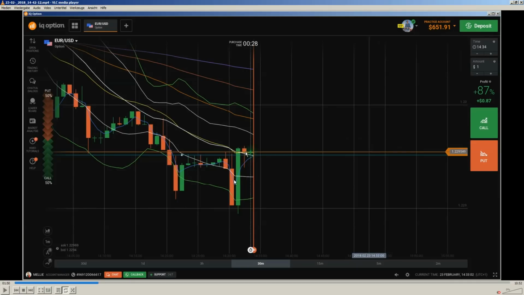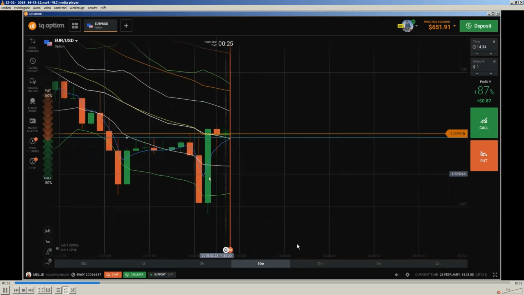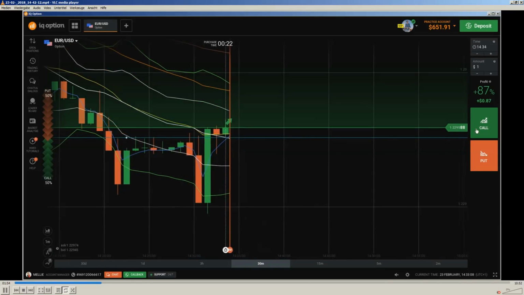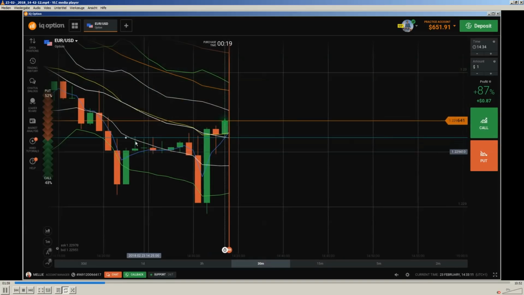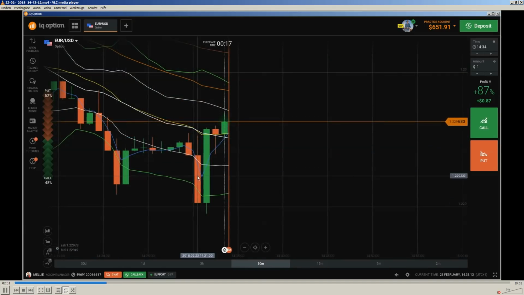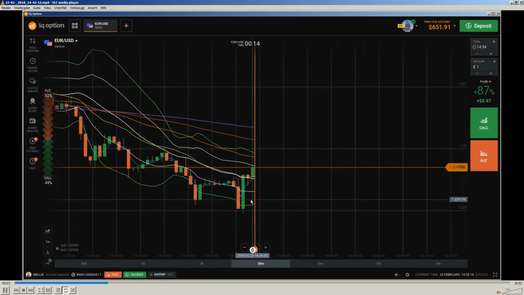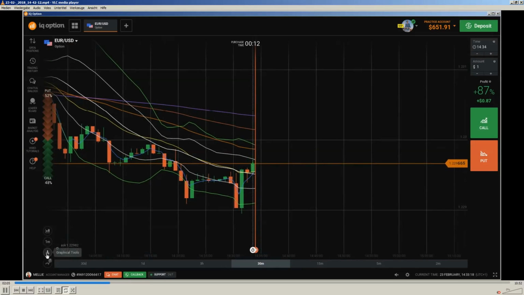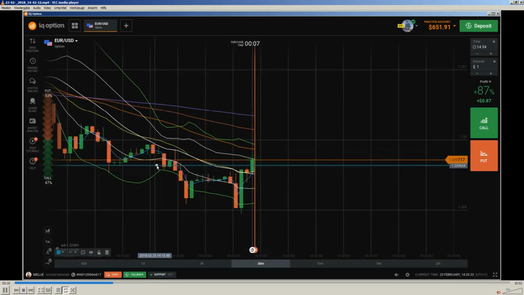You see here we got a strong up move, then we got a weak candle. So you can expect that the next candle will go down. And that is what I understood here, that it was a fake breakout. It tries to go up. I wanted to do a call, but the movements didn't convince me, so I was not convinced to do a call here.